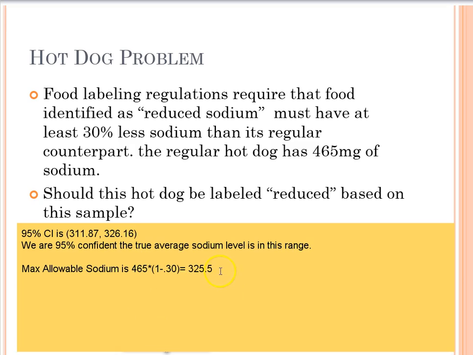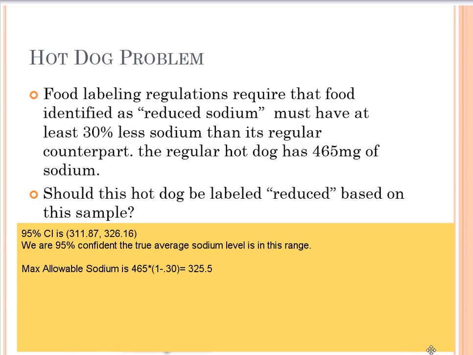But having a sodium level greater than this means you haven't met the criteria of labeling your hot dogs reduced sodium. Since this value falls within our interval, it's possible that the true average is in fact greater than 325.5. You could see that the true value could be 326, and then it would be greater than the maximum allowable sodium level.